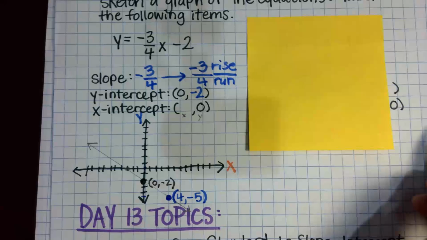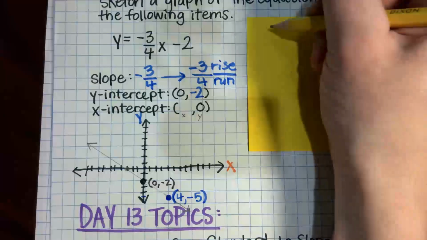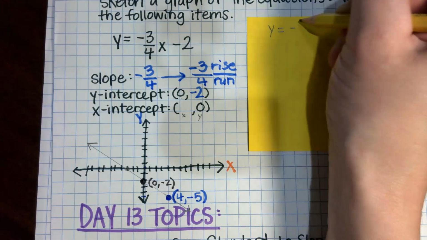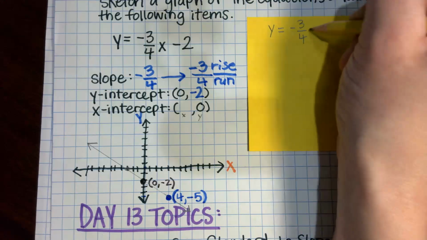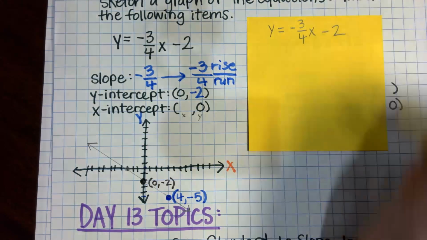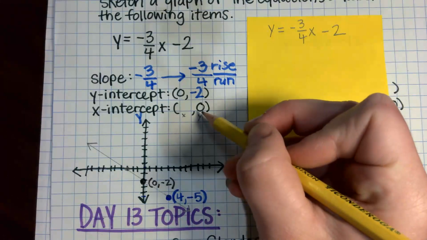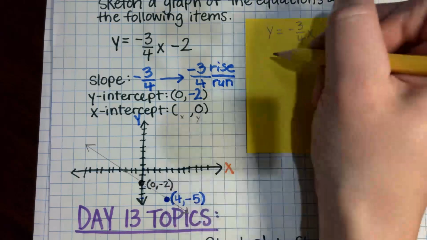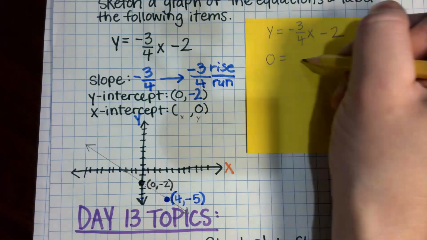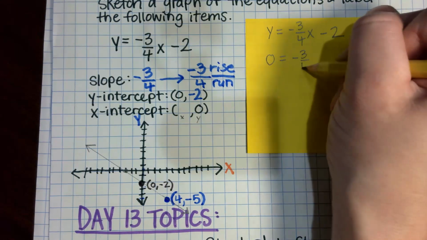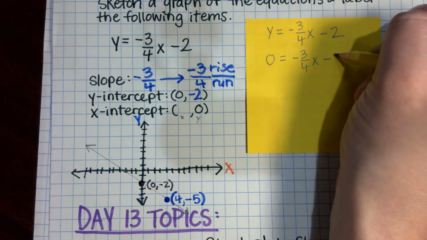So I'm going to use my original equation, which was y equals -3/4x minus 2. And I'm going to plug in a 0 for y. So that'll be 0 equals -3/4x minus 2.